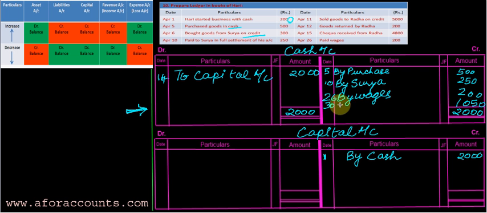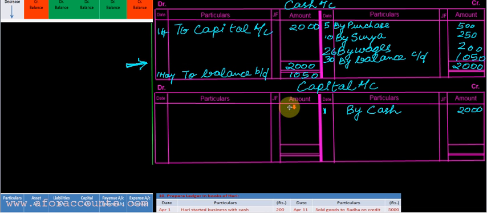You will write it as by balance carried down 1050, and on 1st May you will be writing it as to balance brought down 1050. Okay, now talking about the capital account.